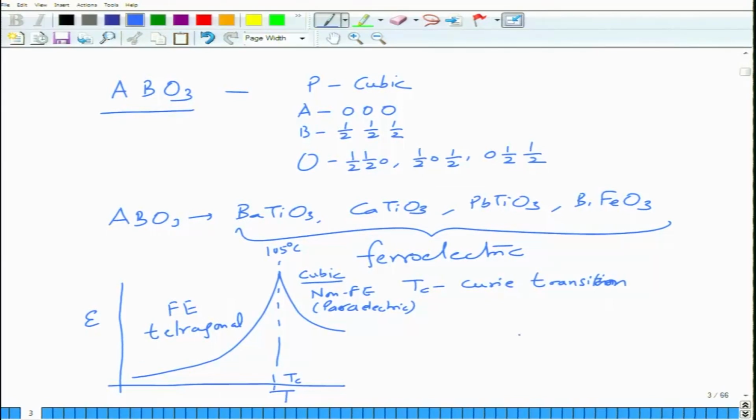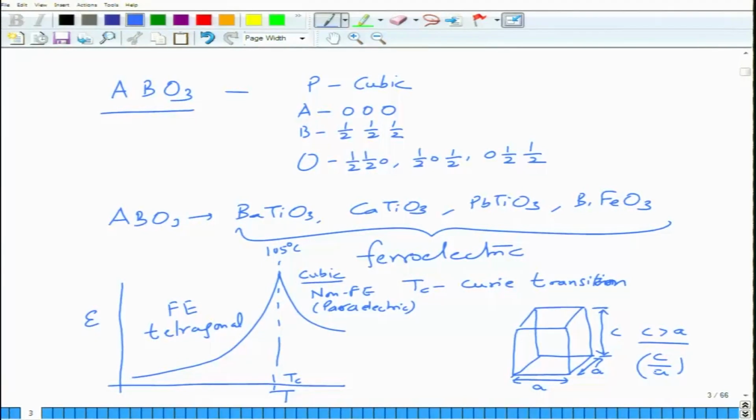So, the unit cell, which is a cube, now converts into a tetragonal cell. Below Tc this length is slightly larger than these two lengths. So, this is a, this is a, this is c. So, c is greater than a, and the unit cell will have some c by a ratio.